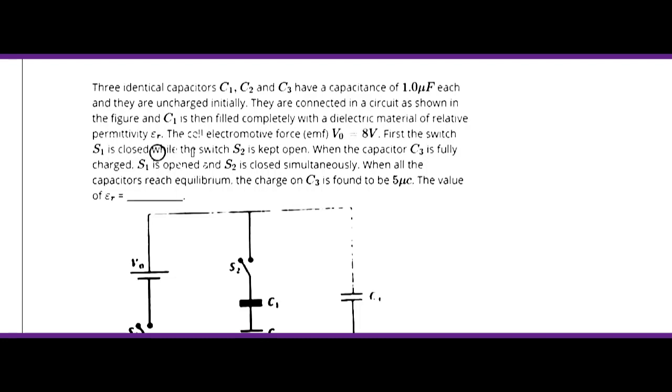First the switch S1 is closed while the switch S2 is kept open. When the capacitor C3 is fully charged, S1 is opened and S2 is closed. Simultaneously, when all capacitors reach equilibrium, the charge on C3 is found to be 5 microcoulomb. Then the value of ER, that is the relative permittivity, is asked.